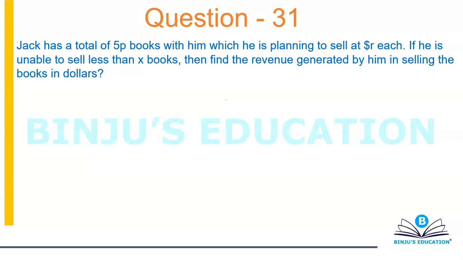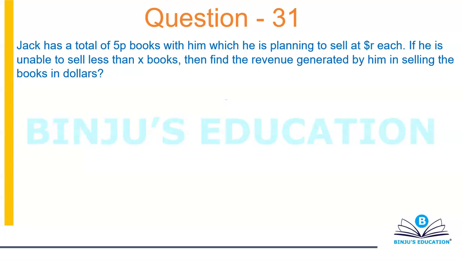Alright, let's see how we can solve this one. Jack has a total of 5p books with him, which he is planning to sell at $R each. If he is unable to sell less than X books, then find the revenue generated by him in selling the books in dollars. Okay, so I'm going to go step by step.